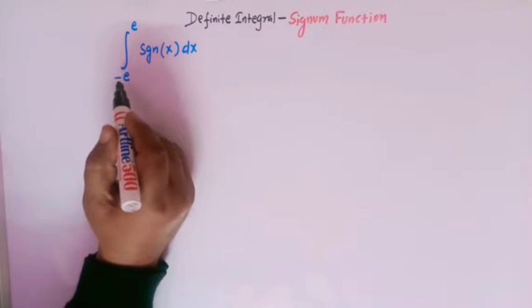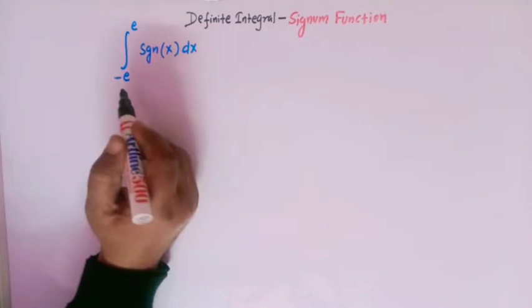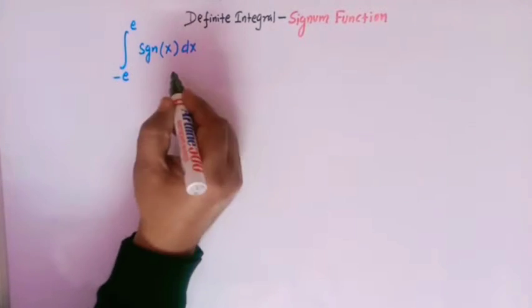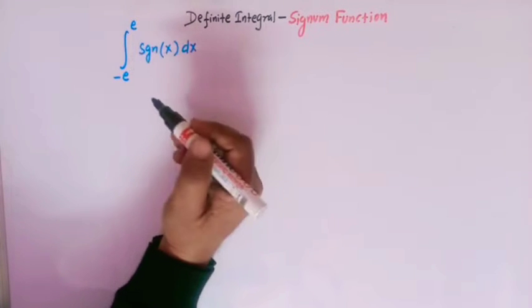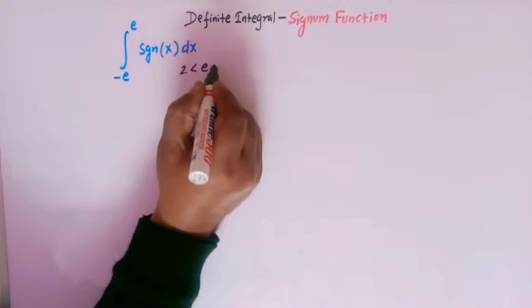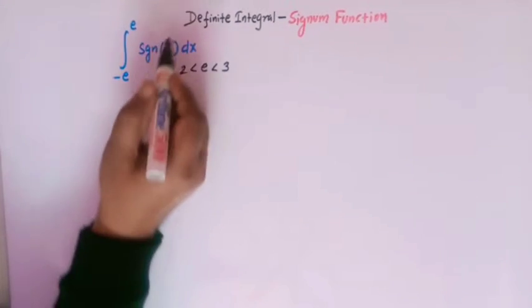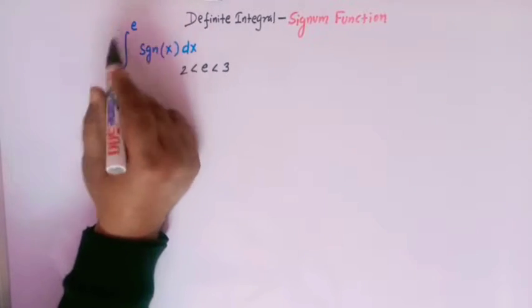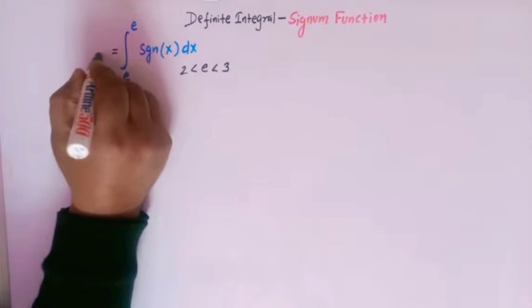Here e is the exponential number, which is an irrational number, and e lies between 2 and 3. Now we have to evaluate this definite integral.